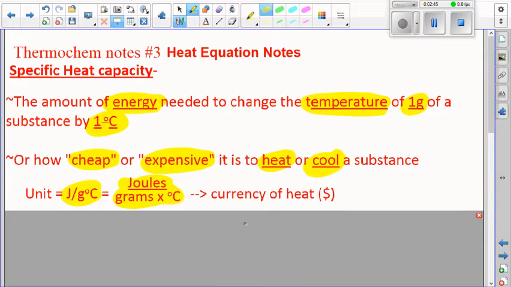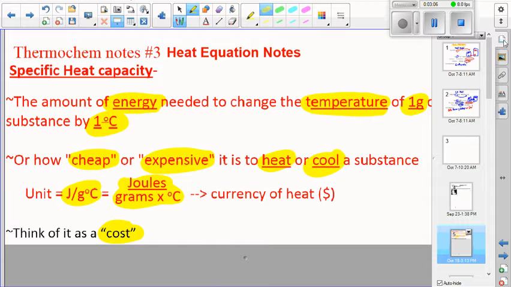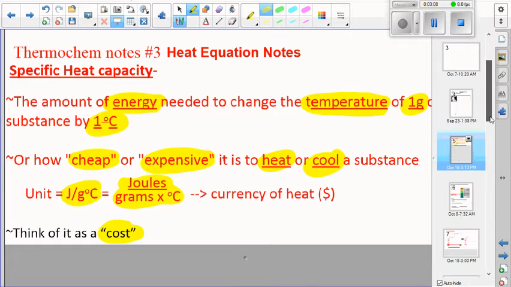So everything has a specific price. And in the same way, every substance has a specific heat price to change its temperature, and that's a specific heat capacity. So I just sort of think of it as a cost. It's basically like a price tag. That's how you should think of specific heat capacity. A price tag for changing the temperature of something.